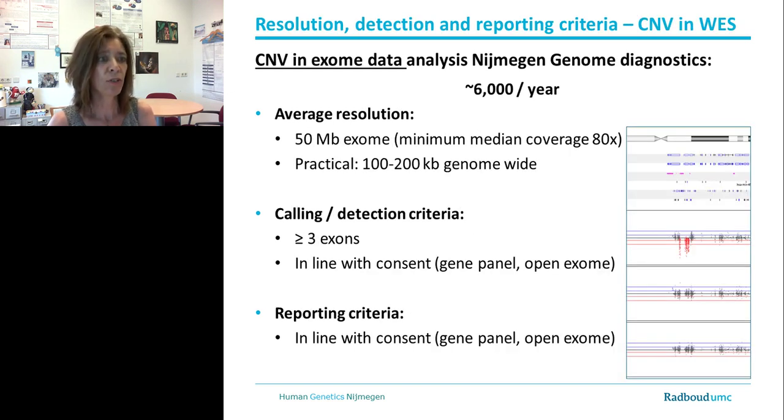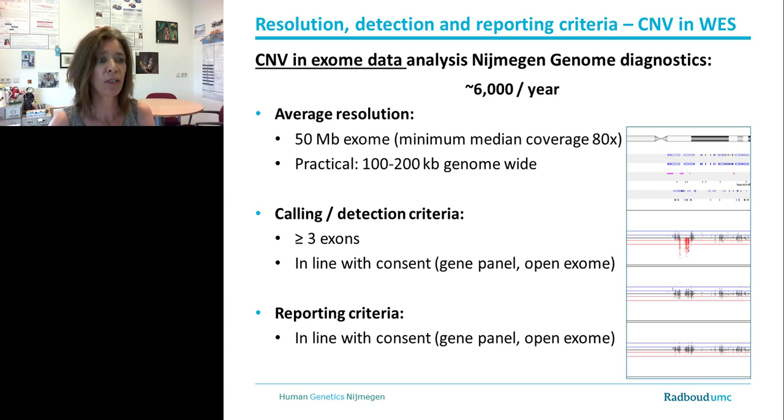In addition to the CytoScan HD array, we also use CNV in our exome data because we've been using whole exome sequencing in our lab since 2011. And since 2014, we routinely also perform CNV and exome data analysis on all exomes. Now, the average resolution for the CNV and exome data is for a 50 MB exome about 100 to 200 kb genome-wide.